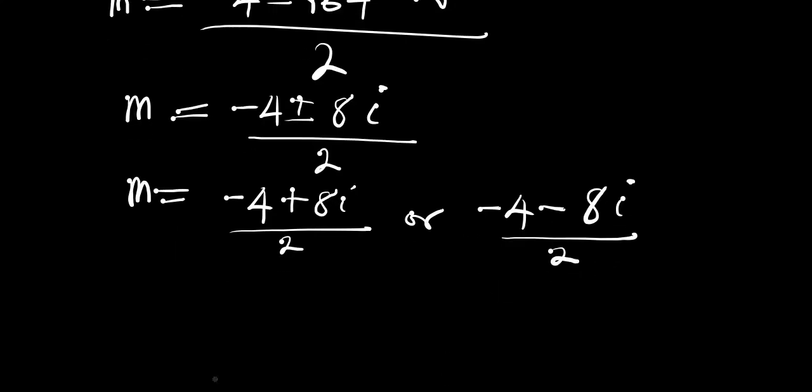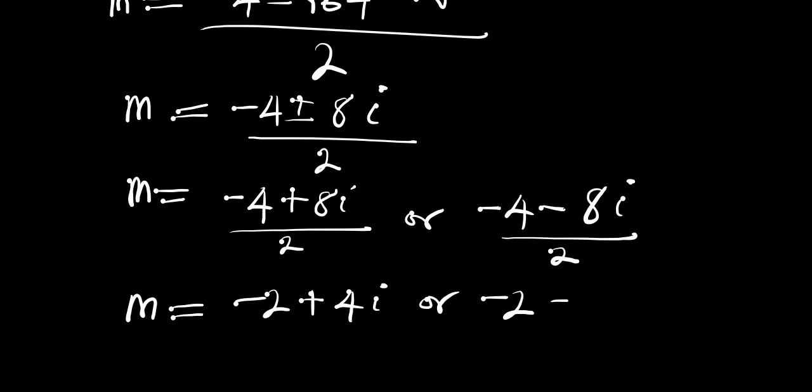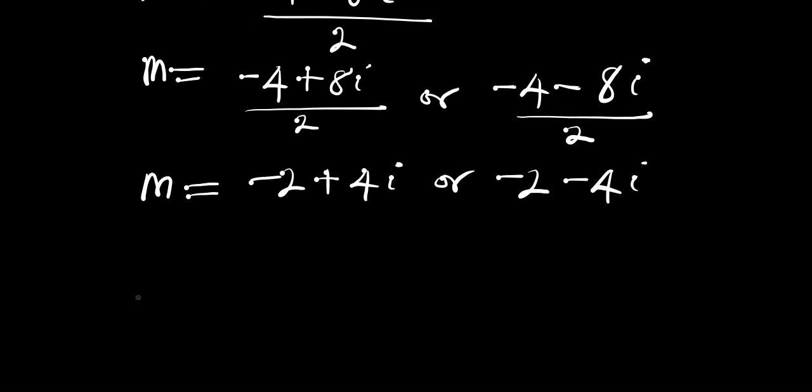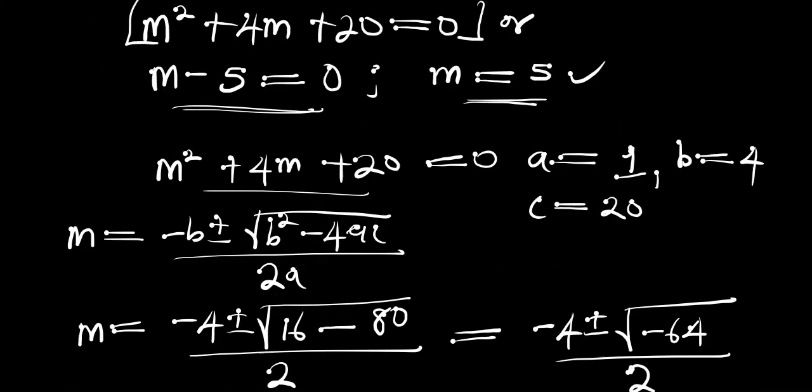So if you divide everything by 2, you are going to have m equals negative 2 plus 4i, or negative 2 minus 4i. So the values of m are, remember there was a 5 that we had before.